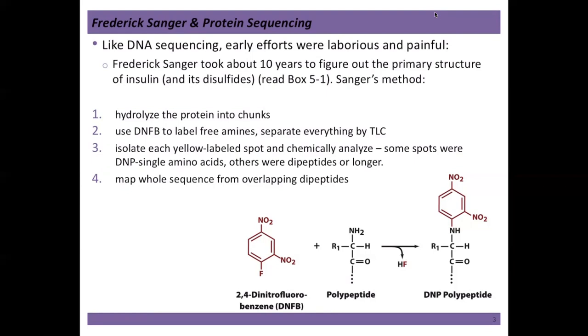And then he would take each of those yellow fragments, since DNFB is actually a yellow compound, separate them by chromatography or some other method, and then figure out what that little chunk was.